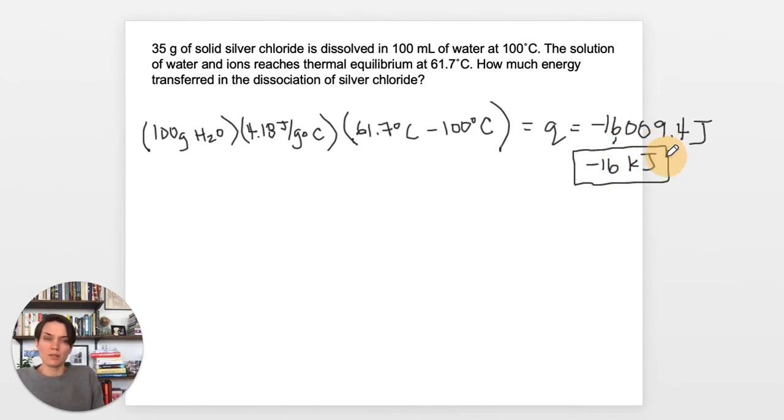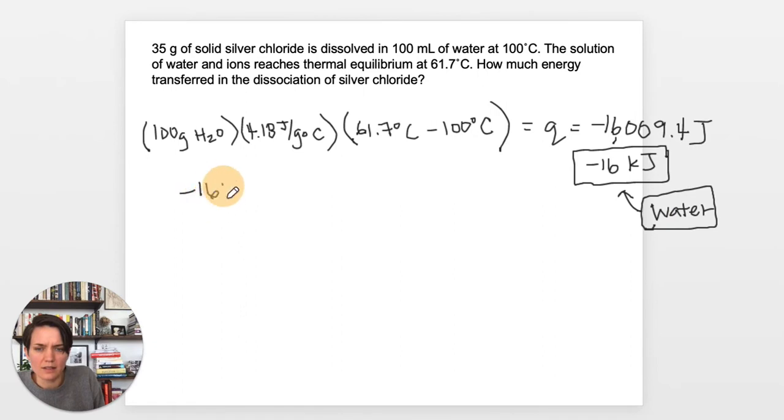Okay, so what's important to recognize here is that this is the effect on our water. So if our water is negative 16 kilojoules, that means that our system would be a positive 16 kilojoules, right?